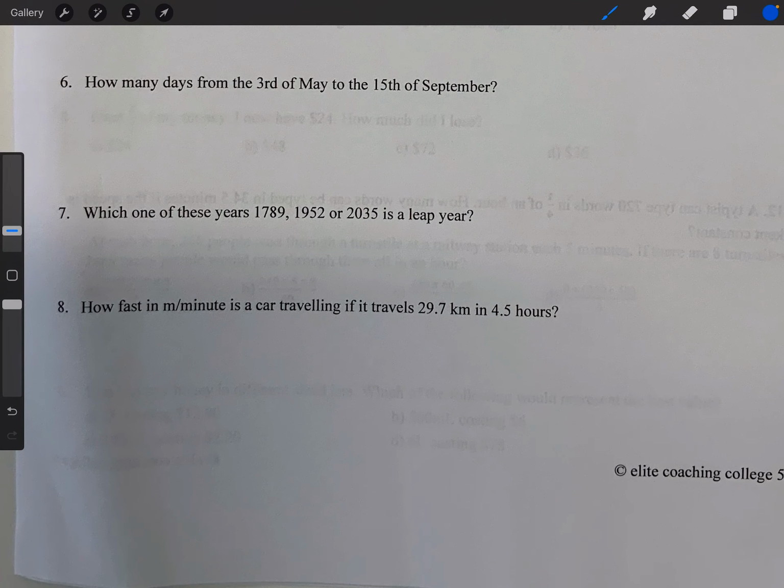Okay. How many days from the 3rd of May to the 15th of September? Okay, so let's see. We have May, June, July, August, September. May is 31. Then this will be 30, 31, 31, and then 30.